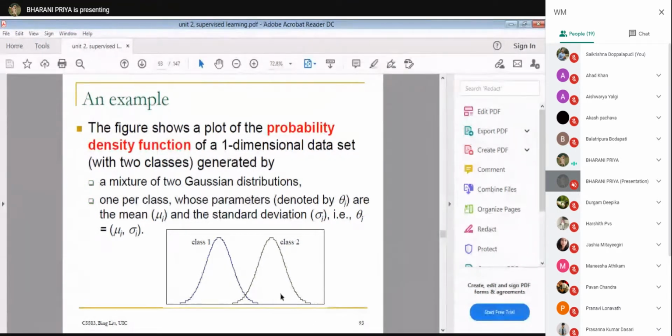We are using this model to find if there are any clusters which are labeled with two class names. If you see this curve, it's overlapping here. This overlap contains the class values of both class 1 and class 2.